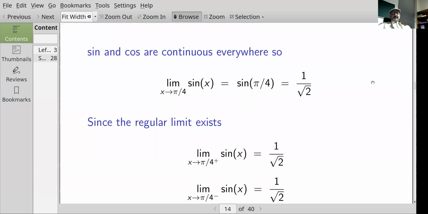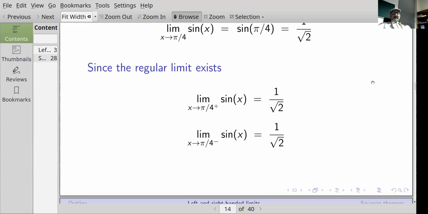So, for example, the sine and the cosine functions are continuous, which means that their limits are given by just considering the function values. So the limit as x goes to pi over 4 of sine of x is just sine of pi over 4, which is 1 over root 2.